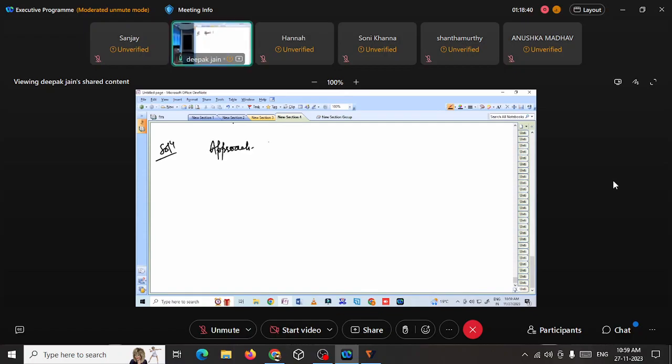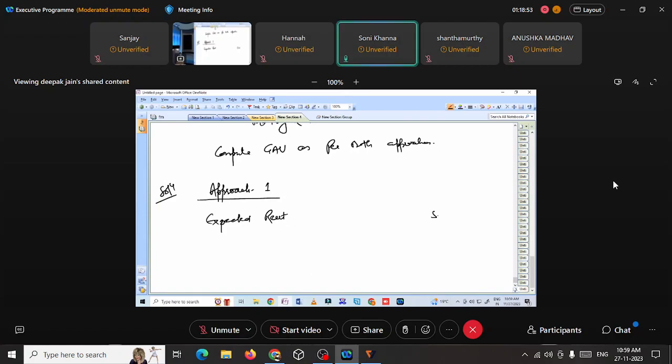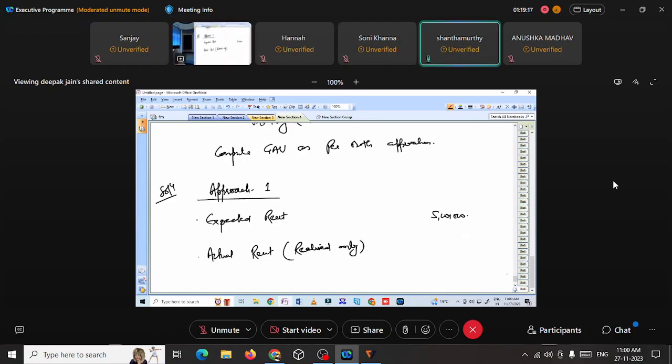Approach 1. First, we have to calculate expected rent for whole year. What is my expected rent? 5 lakh. Then actual rent for actual time period, that too realized only.